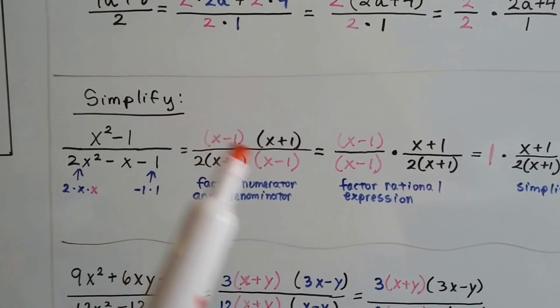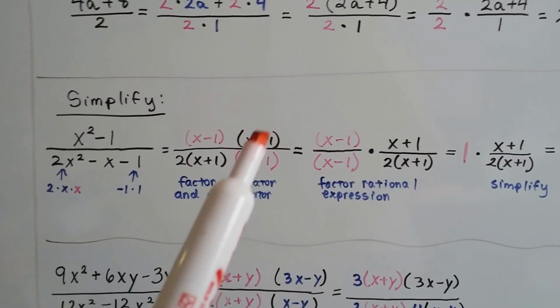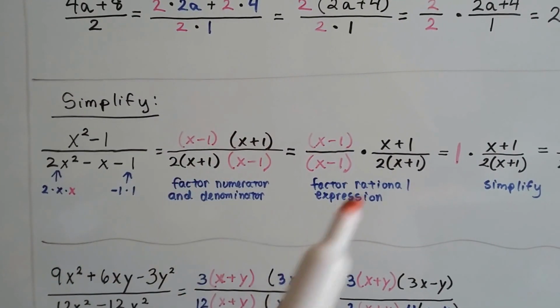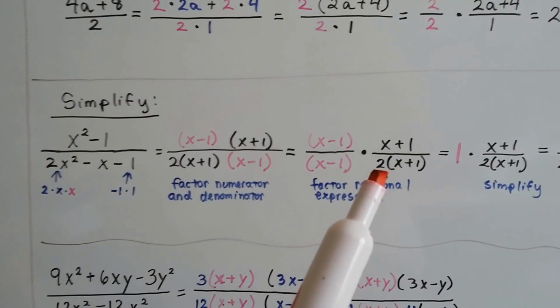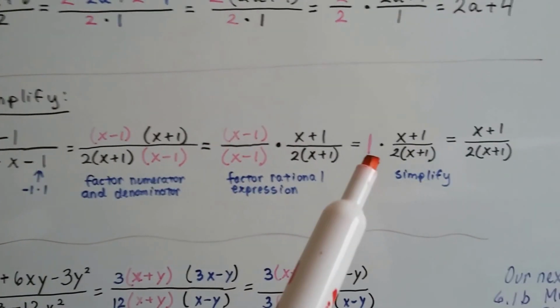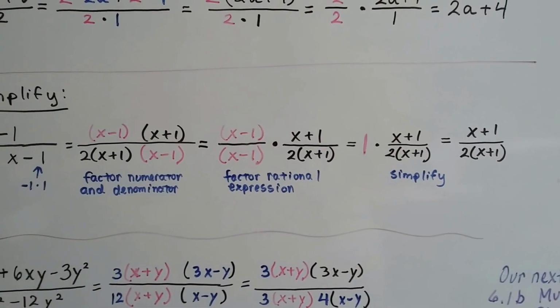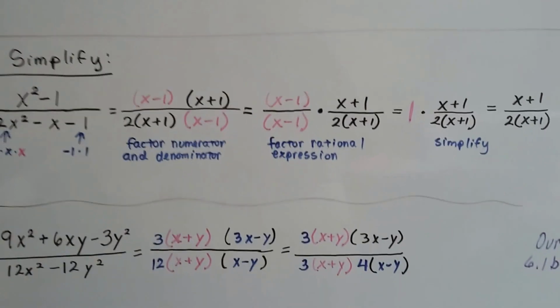And we end up with these that are the same, aren't they? We put the black ones together, and we've got x plus 1 over 2 times x plus 1. This gets eliminated as a 1, and we're left with x plus 1 over 2 times x plus 1. See?